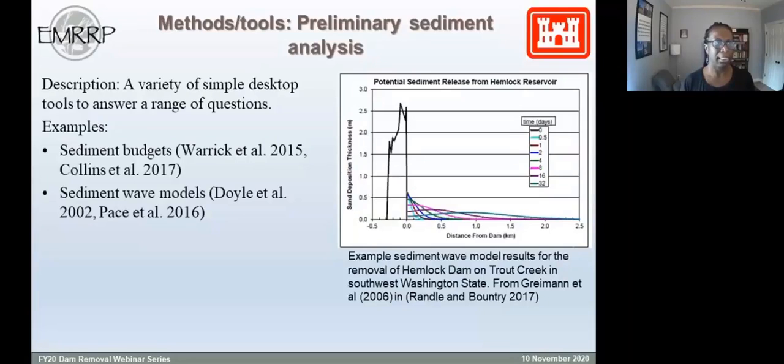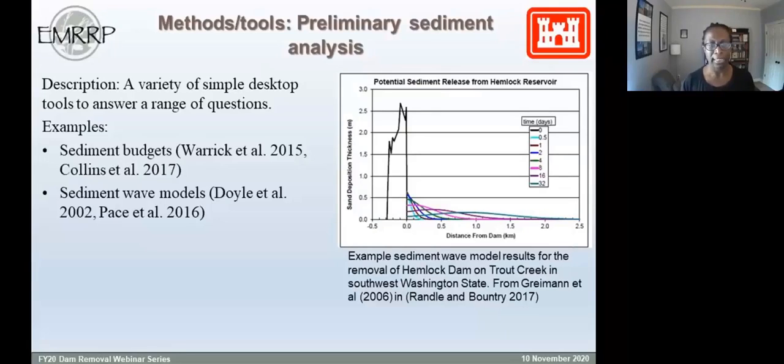The idea is that you're doing things like sediment budget, utilizing a sediment wave model. You don't have the complexity of a more extensive model, but this might be great for screening level, and the amount of information that you'll utilize to perform those calculations is still much more limited than some of those complex models.